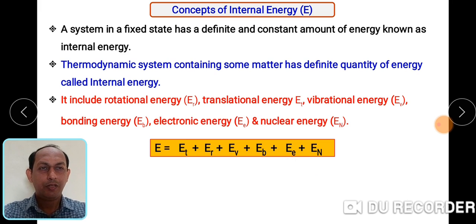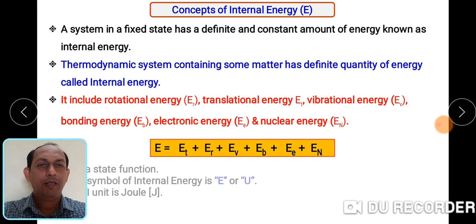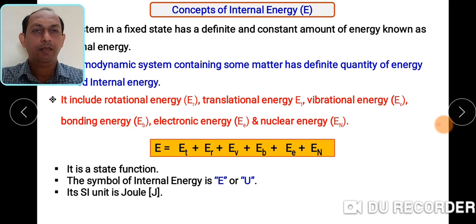Basically, in earlier classes you may have studied that it may be the sum of kinetic energy plus potential energy. Those are the two forms of energy, but here the internal energy will be the sum of different forms of energy associated with the system. It is denoted by the sign E. Remember, it is a state function.